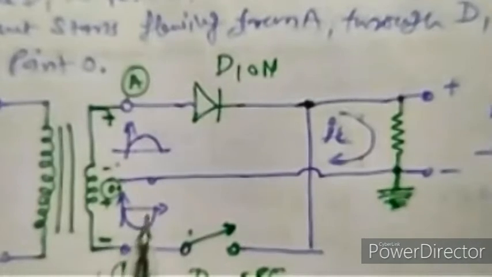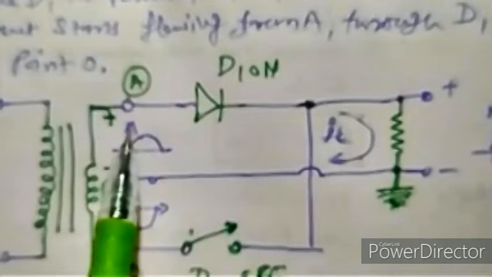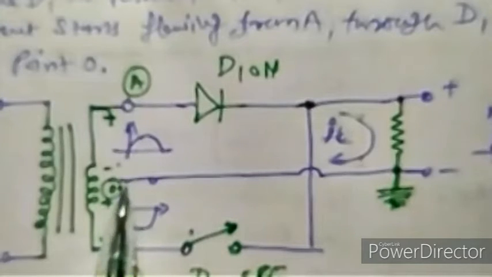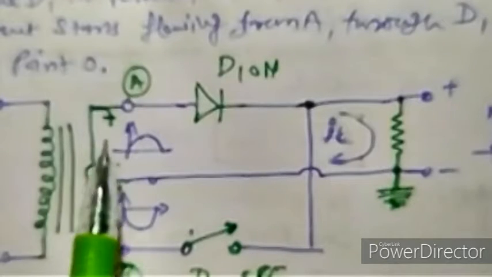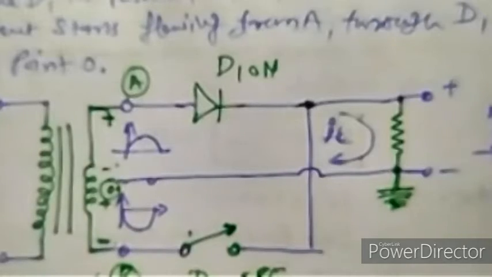Due to the center tap, VAO and VBO are equal and opposite to each other.